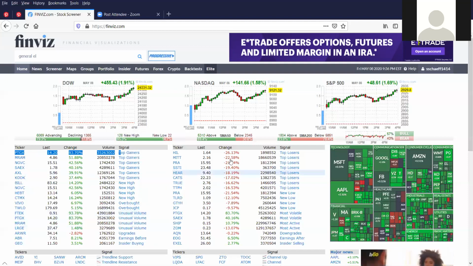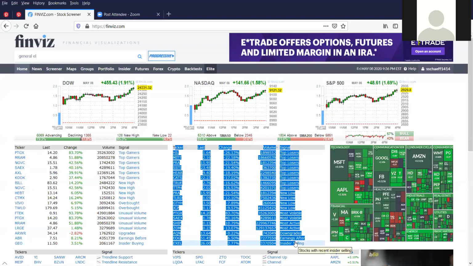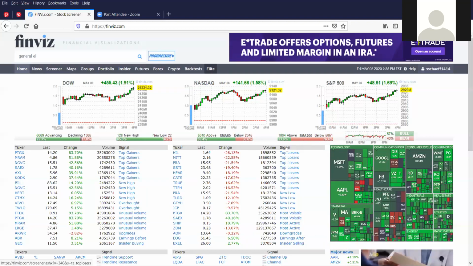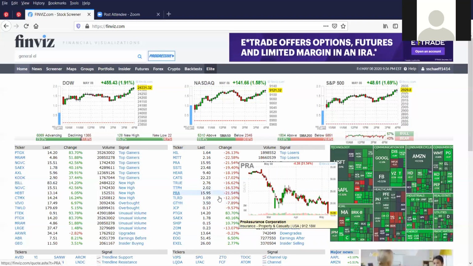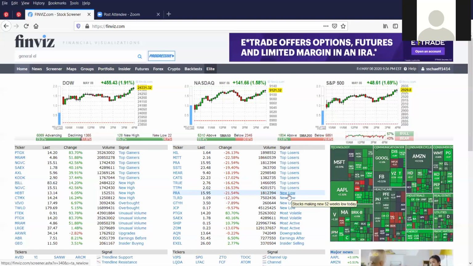Then you have top losers just to the left, right around here. I'll highlight it if I can. I just highlighted it. These are the top losers. And again, there's a signal. In other words, PRA, which is ProAssurance Corp, it lost 21% today.